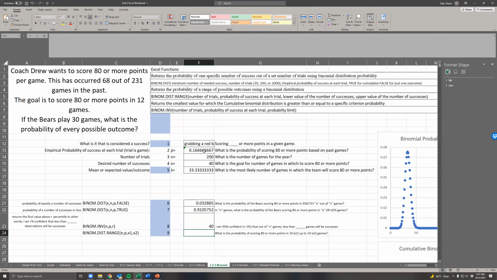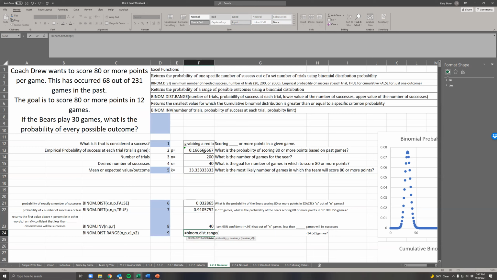And then let's see here. Equals binom.dist.range, and say I'm concerned about, hey, what is the range between, let's say, 35 to 45.